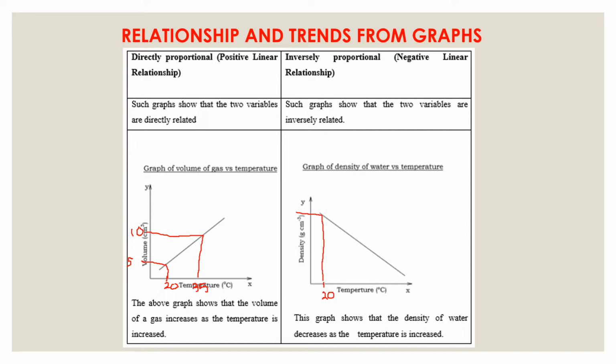But if the temperature is higher, let's say it goes all the way up here, increases to 50 degrees Celsius, then as we can see, the density has shown a lower reading. So as the temperature is increasing, the density is decreasing.